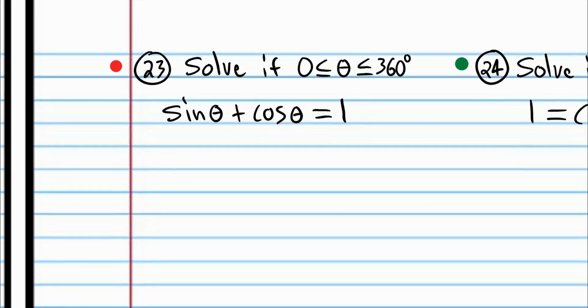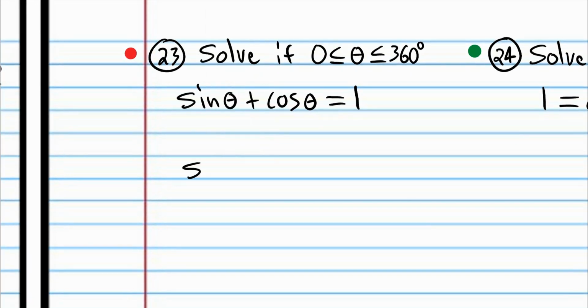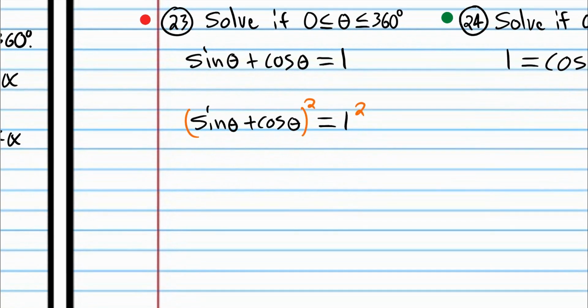We're going to use a trick. We're going to square both sides of the equation. And then we're going to use a Pythagorean identity to simplify this equation.